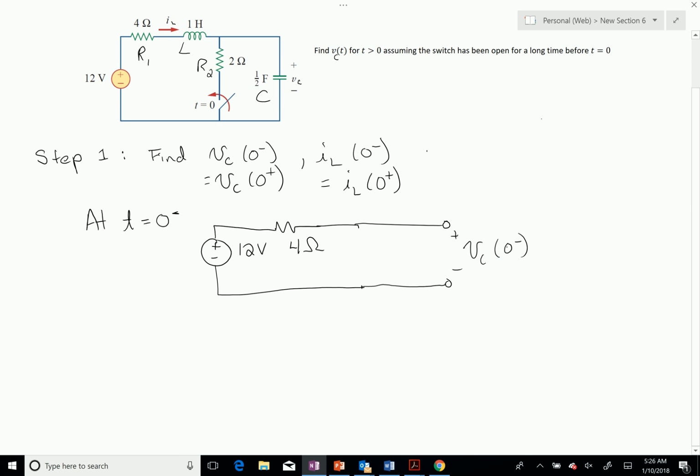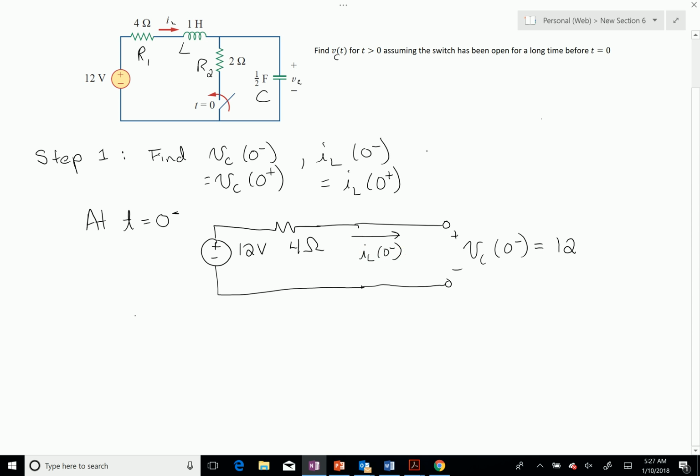By straight up KVL on this particular guy, it's pretty easy to see that if I have an open circuit like this, there's no current flowing through that loop, so this voltage better be 12 volts. In other words, there can't be any voltage drop across that 4 ohm resistor because the current is 0. So I can see right away that VC of 0 minus is equal to 12. The current through this circuit is actually IL of 0 minus.